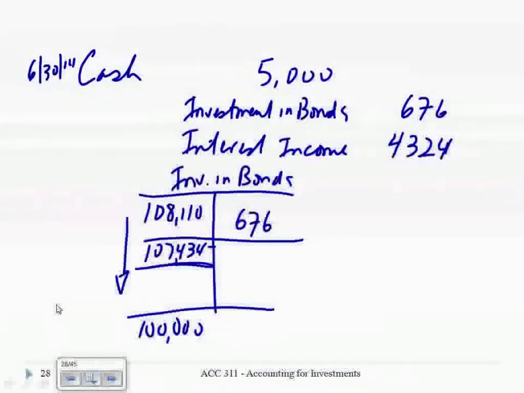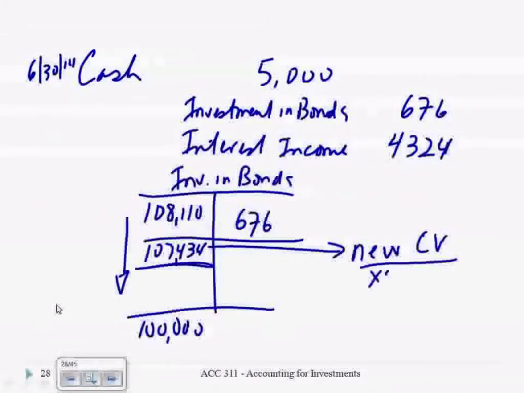Now, the reason that's important is because when I do interest for next period, that's my new carrying value. So interest for the second period is going to be the 107,434 times the 4% effective rate, and my interest income that second date is going to be $42.97.